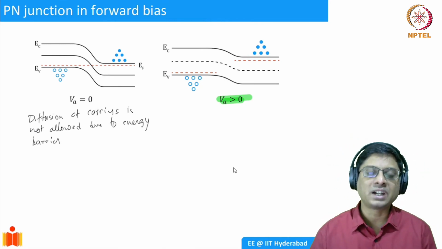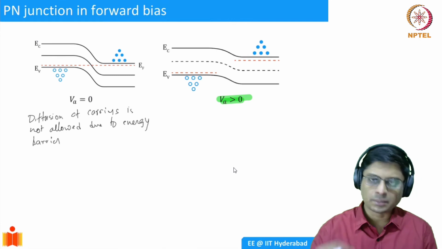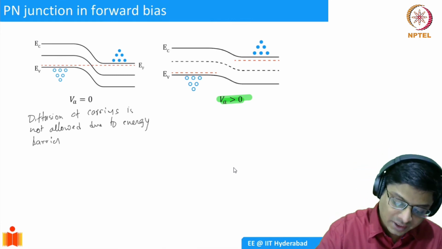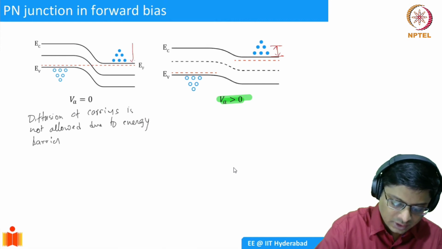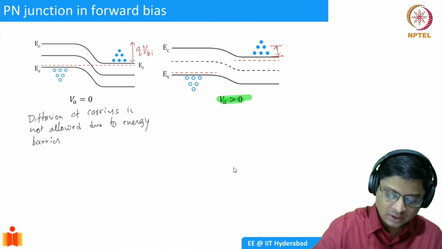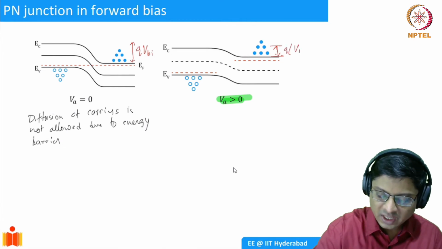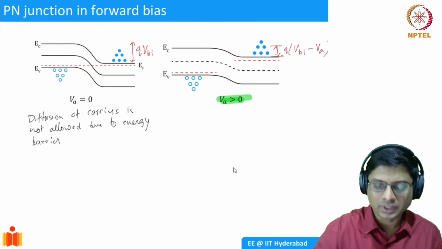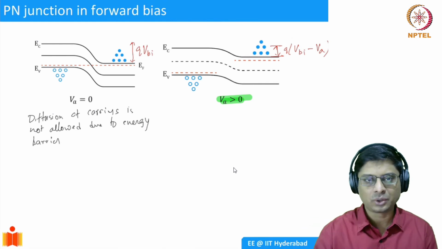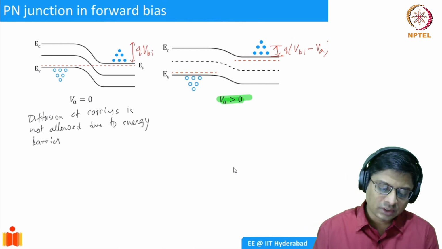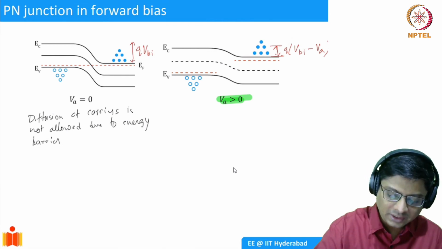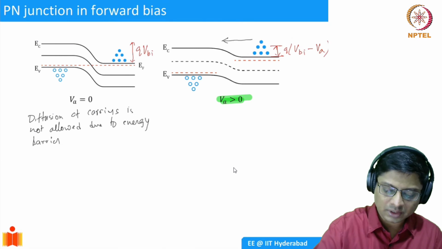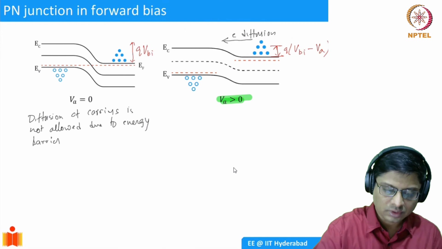Now what happens when I have an applied voltage? The barrier has reduced. You see here, the barrier now is only this much. In the previous case, it was a whole Q times VBI, but now it is Q times VBI minus the applied voltage. If applied voltage is positive, the barrier is lowered. That's what we saw, right? So now because of this, you have these electrons on the N side which can diffuse into the p-type, right? So electron diffusion. Okay.